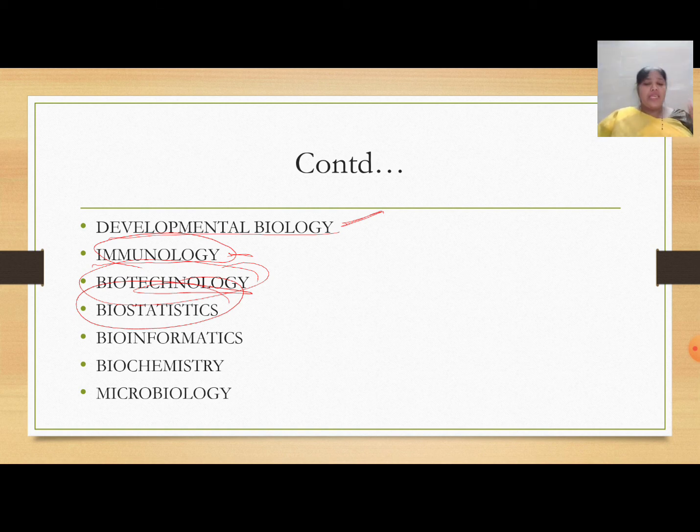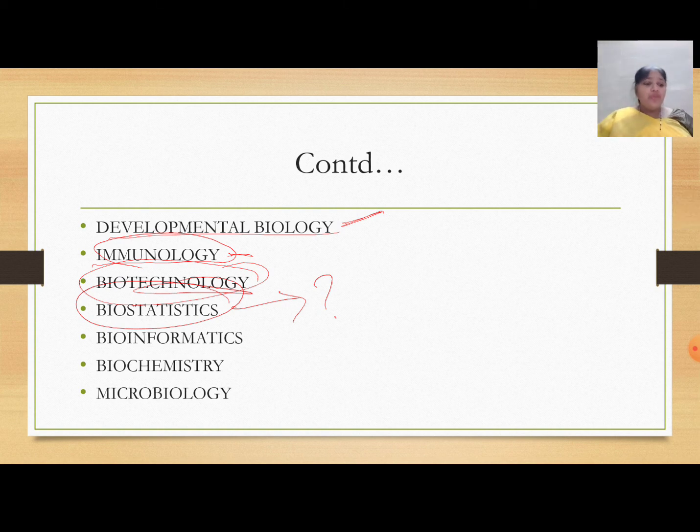Because in science, now you are undergrad students, you're going for your PG or you're going for your higher classes. When you go for your research work, you need to substantiate your research work with calculations. So that is where biostatistics plays a role. Then you might wonder, why do we have to learn this in zoology?